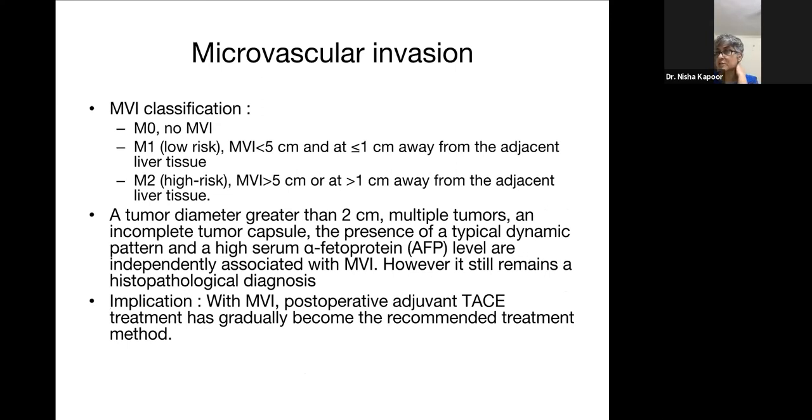These are the parameters which give us that indication: a tumor diameter of more than 2 centimeters, multiple tumors, an incomplete tumor capsule, the presence of a typical dynamic pattern, and a high AFP level. The implication is that if there is microvascular invasion, then post-operative adjuvant treatment has been recommended so as to prevent recurrence of tumor after hepatectomy.